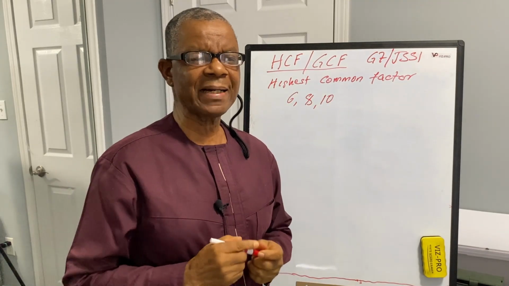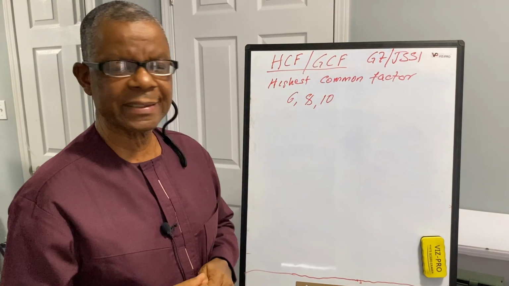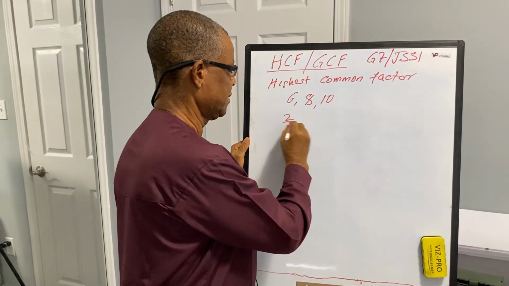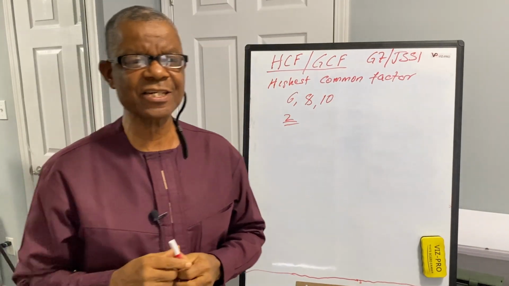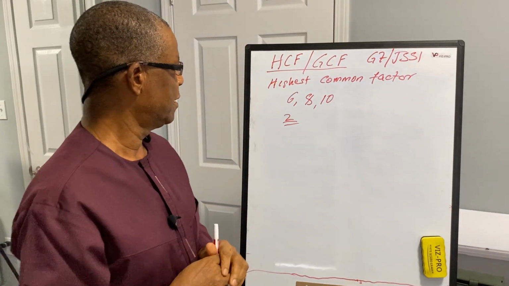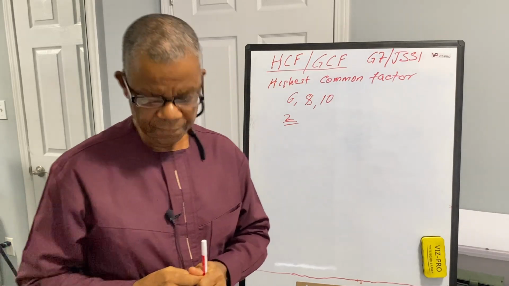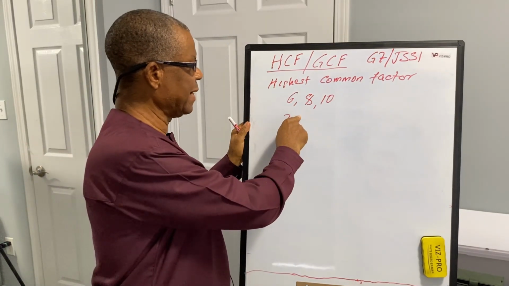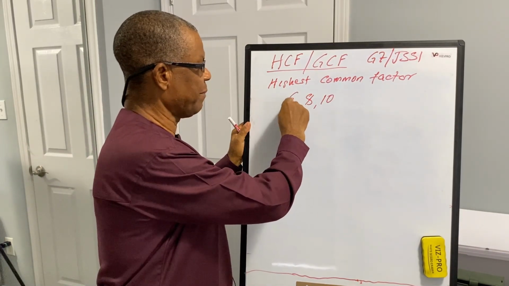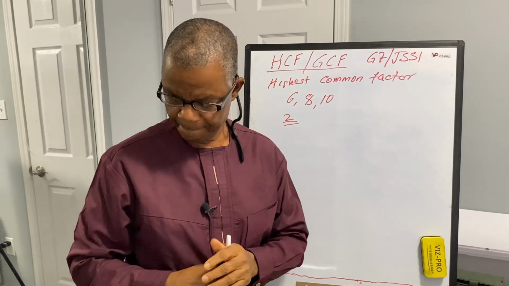The highest number that can divide 6 and divide 8 and divide 10 without a remainder is 2. So in this instance, 2 is the highest common factor of 6, 8, and 10. The highest number, I repeat, that can divide the given numbers.